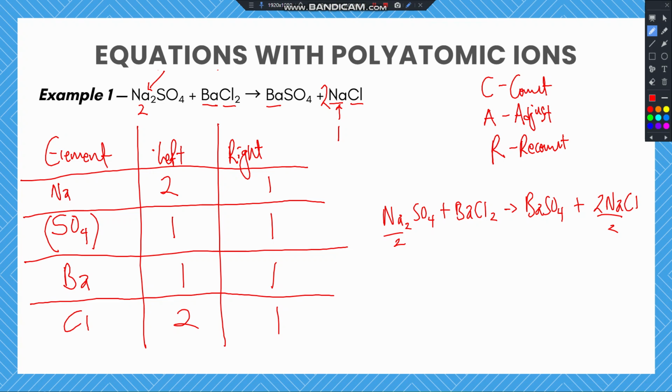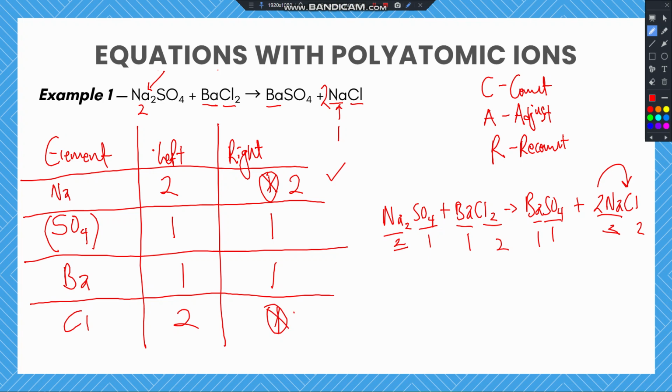Now remember, at each point of introducing a new coefficient, we need to recount to see that the other elements are balanced. So for sodium, I have 2 on the left and 2 on the right. For the sulfate ion, I have 1 on the left and 1 on the right as well. For barium, 1 atom on the left, 1 atom on the right. For chlorine, I have 2 on the left, and the new coefficient also affects chlorine over here, giving 2 on the right.